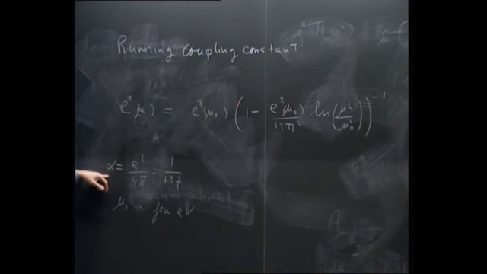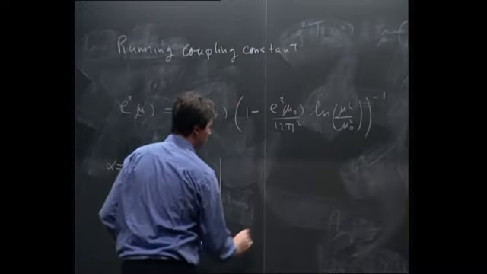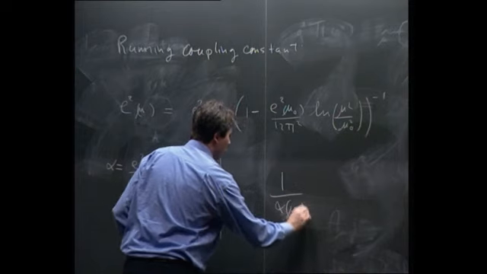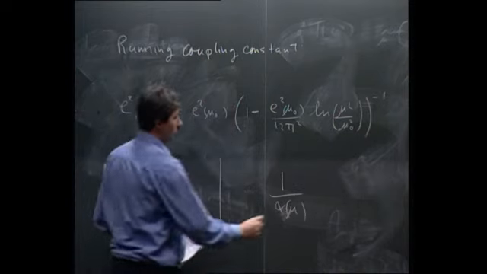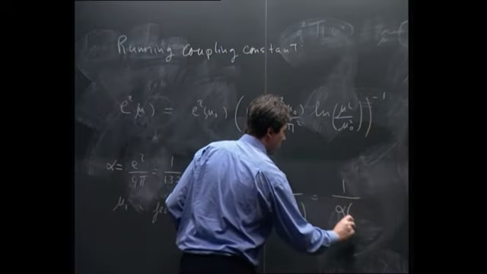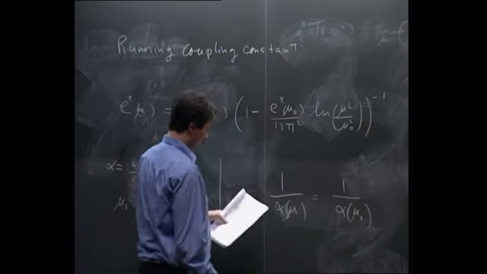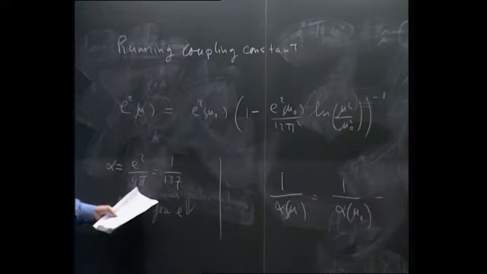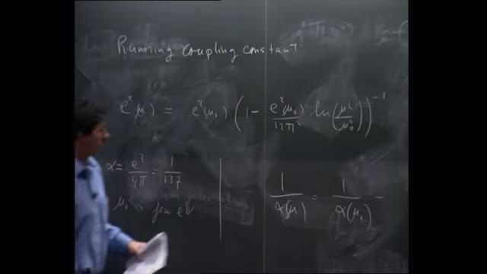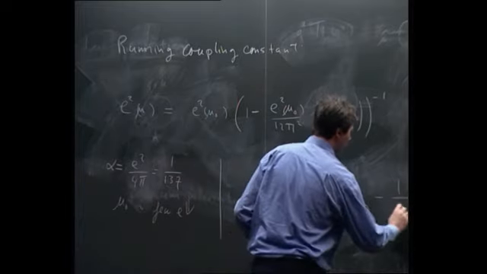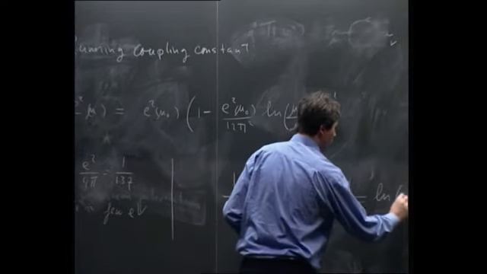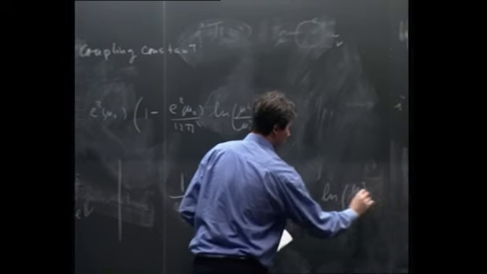And I can actually rewrite this in terms of alpha of mu in the following way, and this is probably the way in which usually these equations are written. 1 over alpha of mu is 1 over alpha of mu 0 minus, and then what I get in here, if I take the factor of 4 pi out, it's 1 over 3 pi times the logarithm of mu squared over mu 0 squared.